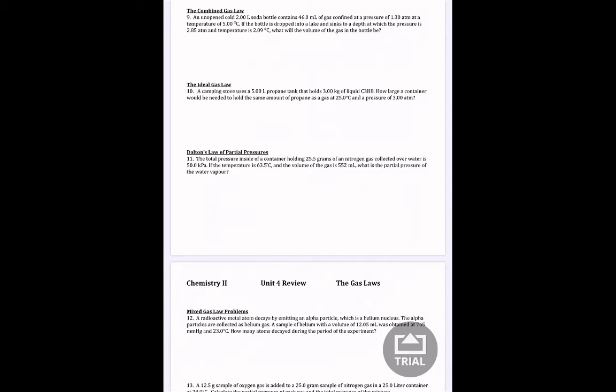Maybe something is missing here. I guess we can change the nitrogen to moles and figure out the part. Yeah, that's what we can do. We can change the nitrogen to moles and figure out the number of moles of nitrogen, and then get the partial pressure of the nitrogen, and then subtract that from the total pressure to get the pressure of the water vapor. That's what we have to do. Okay. So sometimes you just have to think about this for a minute.